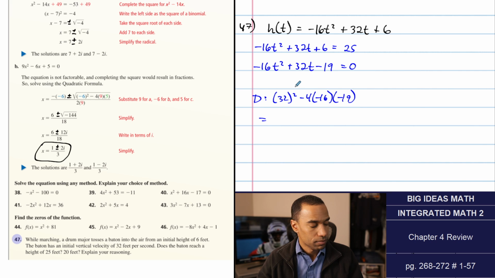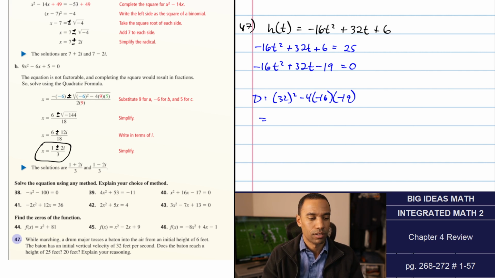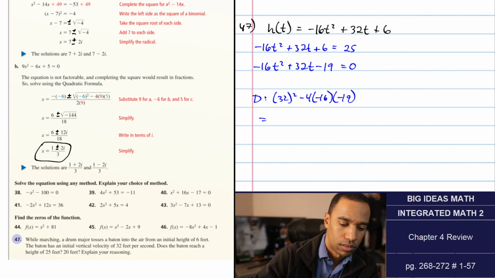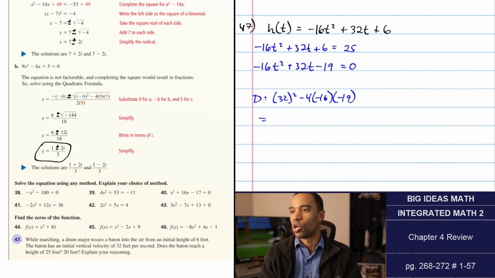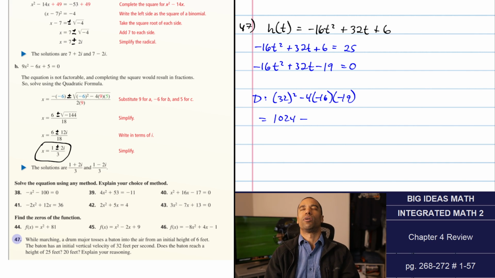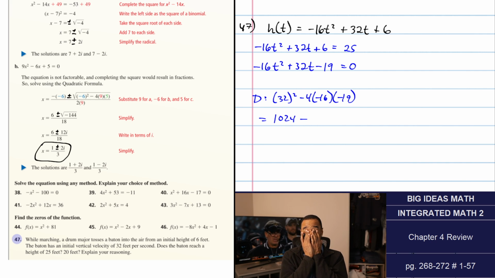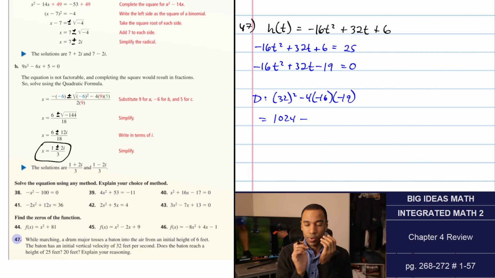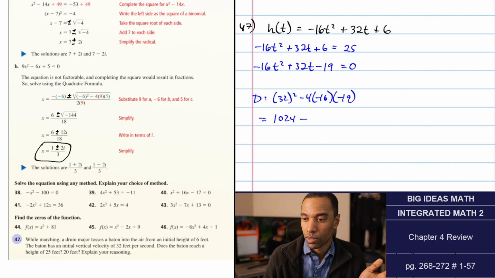I don't love 3 sets of negatives, but I do know that that's subtraction. 32 squared, is that 1024? Yes, so 1024. Minus 64 times 19. 64 times 19, wow, 1216.